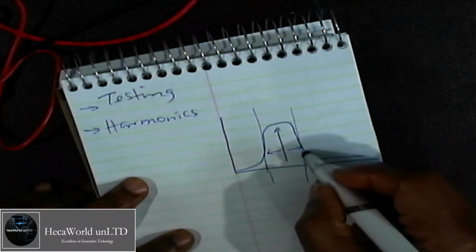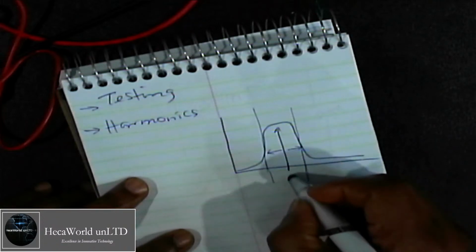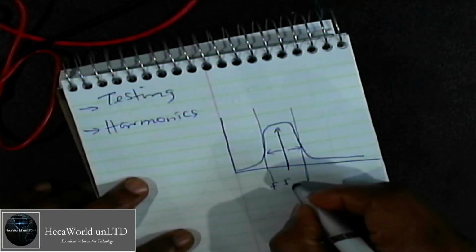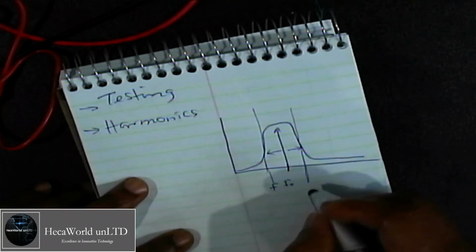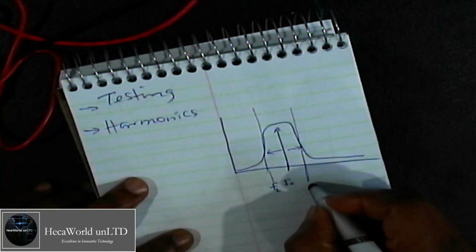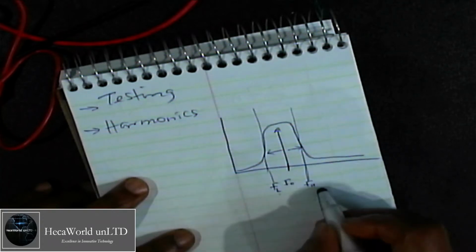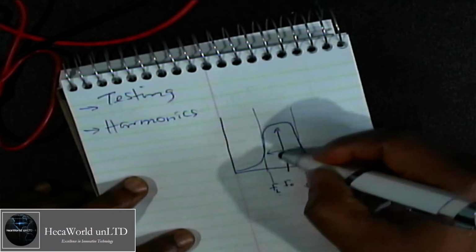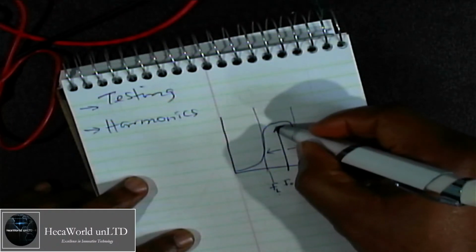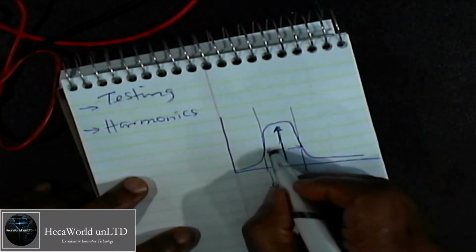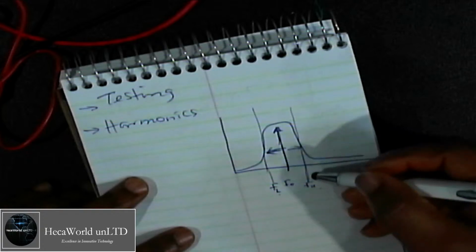This is your bandwidth, and your frequency will be in the center. So if this is F0, you can call this FL, and then you can call this FH. So lower frequency, higher frequency, but you want your frequency to be centered. The center of your frequency would be here. That way, there will be no interference between you and a neighboring signal, right?